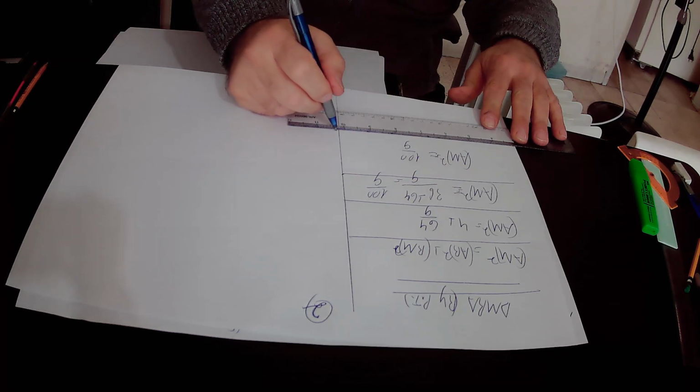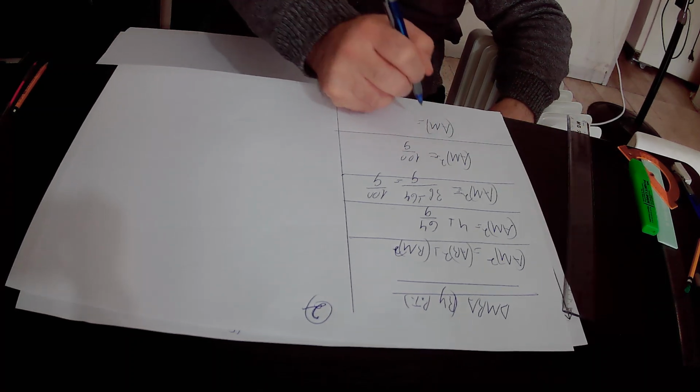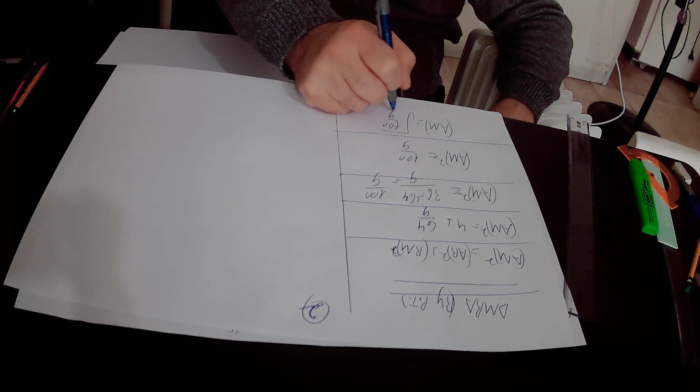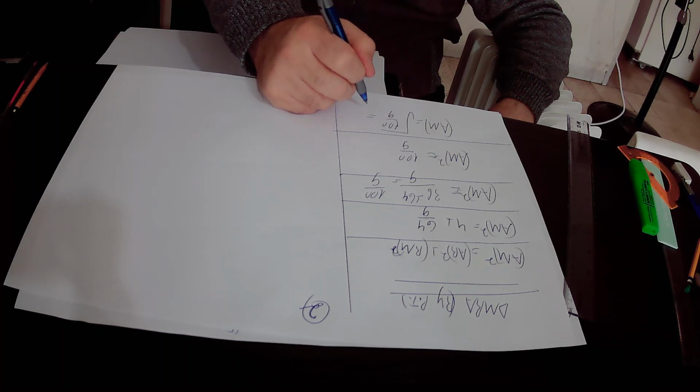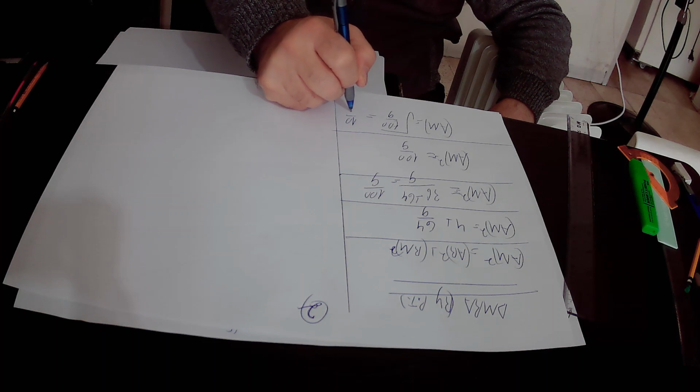Here we take a root of this equation and finally we get that AM equals the square root of 100 over 9. So the square root of 100 over 9 is the square root of 100, that is 10, over the square root of 9, that is 3.